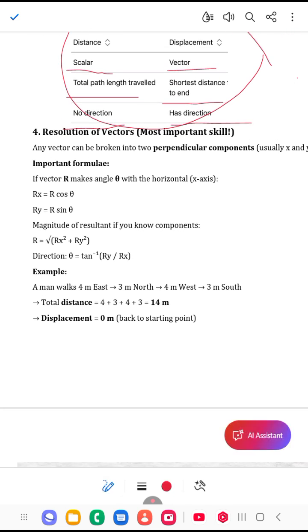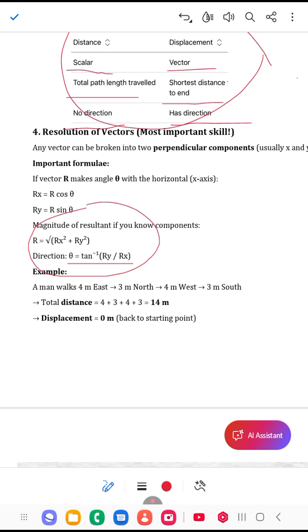And this is the formula for us to find the magnitude of the resultant vector, and this is the formula to find the direction. I will still show us an example as we start. Let's just look at all these first. This will serve as a foundation to the questions that we are going to be doing next.